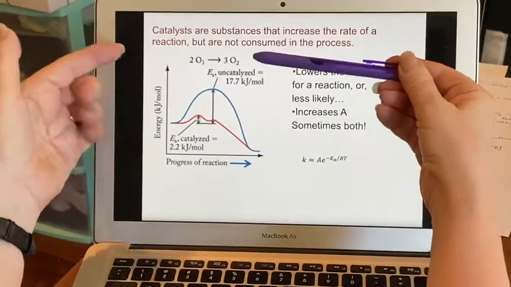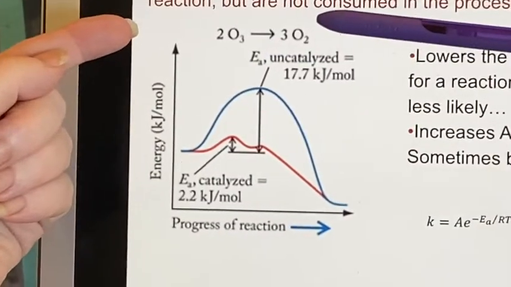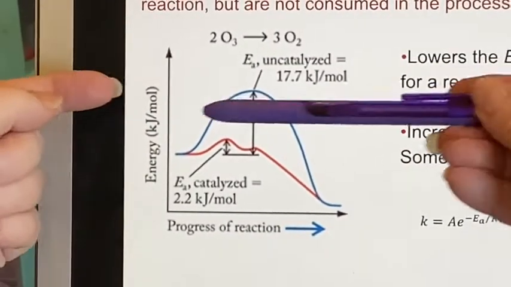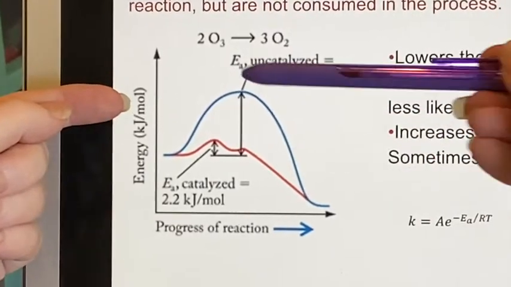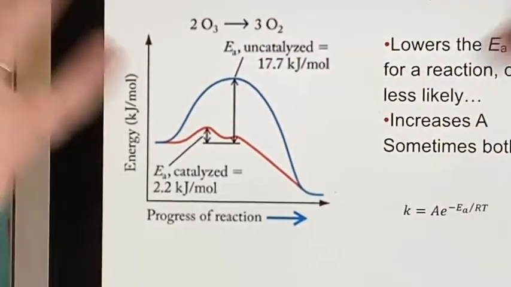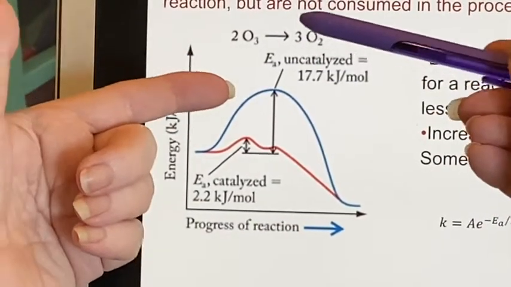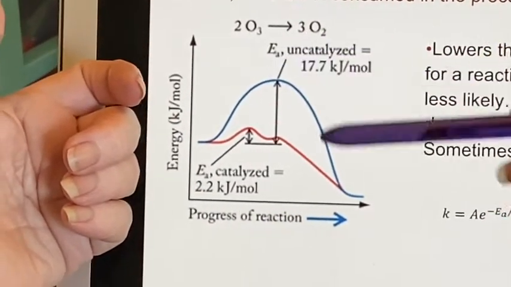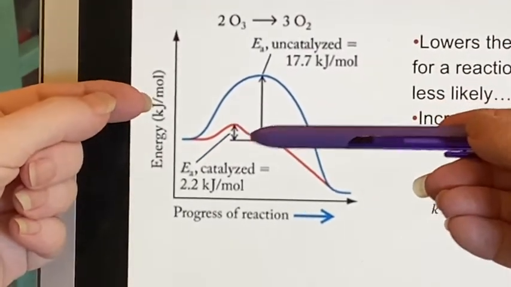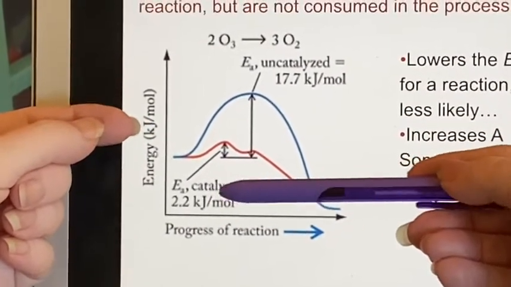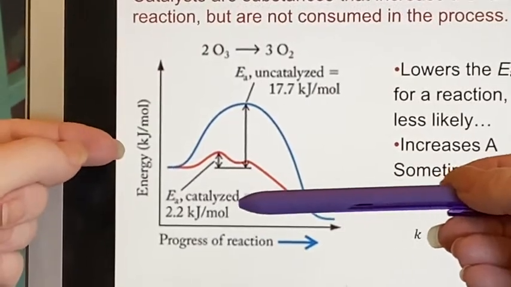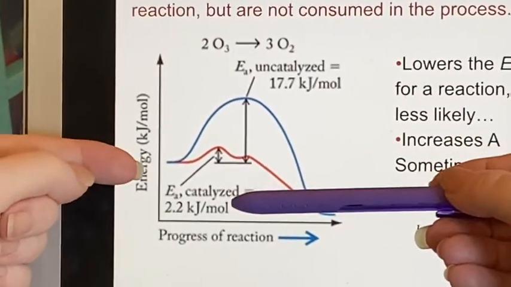But here we have ozone changing into diatomic oxygen. This blue path would be if the two just slammed into each other with a lot of energy in order to make this happen as a result of the collision. This is the one that is catalyzed. In this case, we're considering the catalyst to be the ultraviolet light.